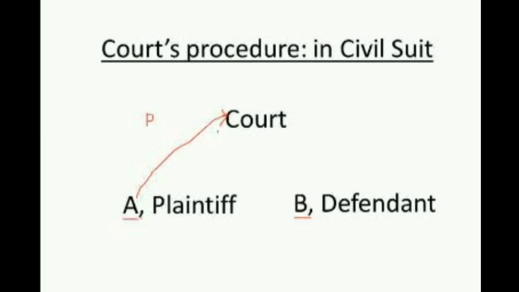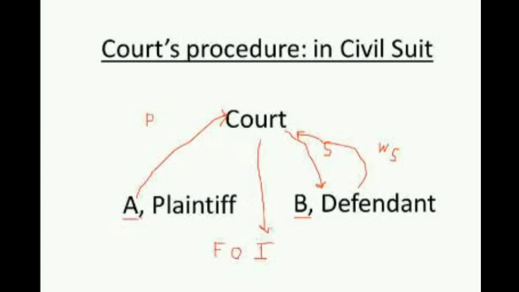Once the court accepts the plaint, it summons the defendant, that is B. Once the summons has been sent, within 30 days B, the defendant, has to file a written statement in the court. Once the plaint has been filed and within 30 days the defendant files the written statement, then the court has to decide the issues, that we say framing of issues.